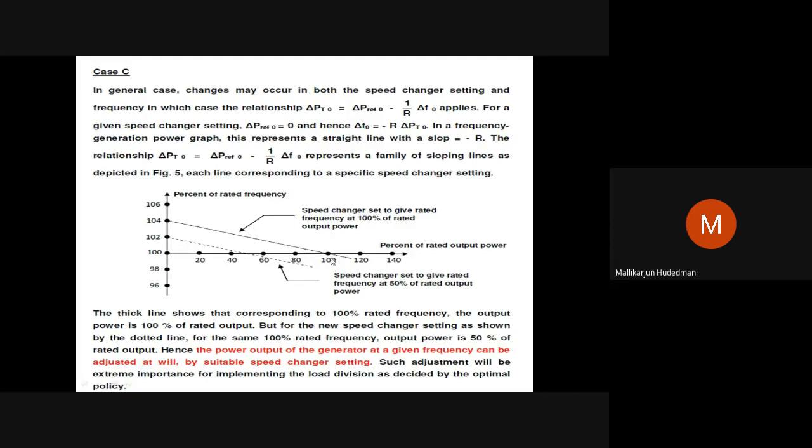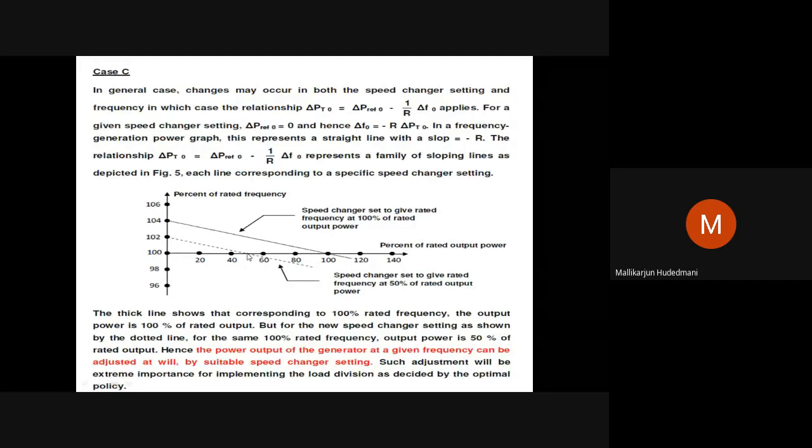Let's say 100 for example. Suppose you observe a dotted line here. When there is a drop or increase in load or sharing is changed, it is developing 50% of that. This dotted line, just the horizontal line, intersects with a dotted pattern. You can see this. It is touching this line at 50, between 40 and 60, at some midpoint. It means the speed changer is set to give rated frequency at 50% of the output power.